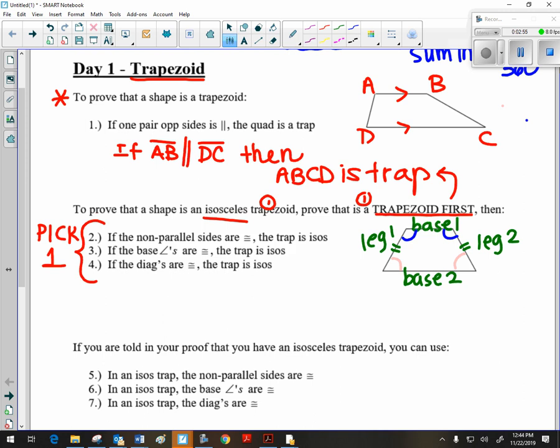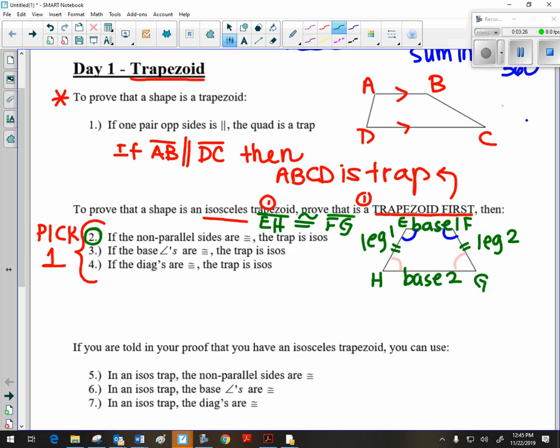When we go back and look at how we're going to make this trapezoid isosceles, one thing we can do is show that the non-parallel sides are congruent. In our trapezoid here, let's suppose it's called EFGH, we would have to show that line segment EH is congruent to line segment FG.